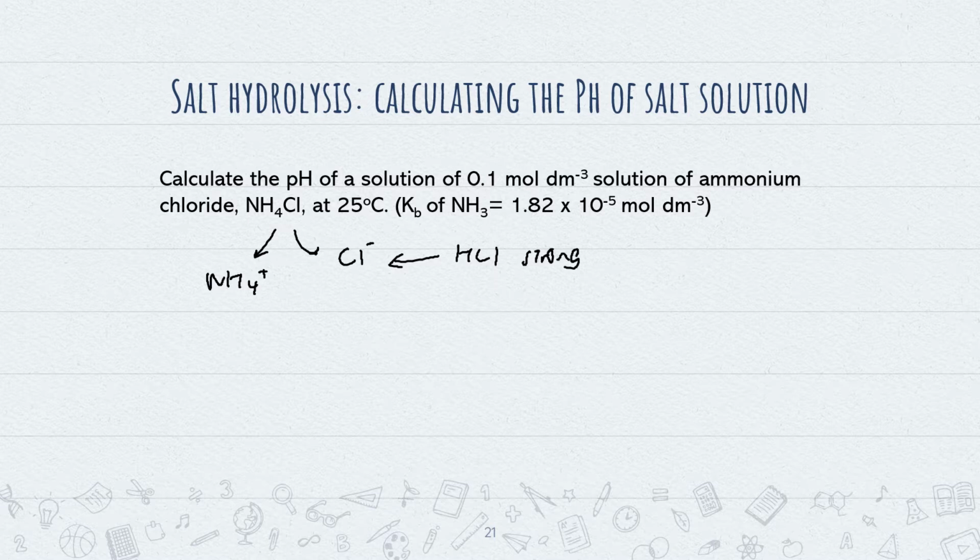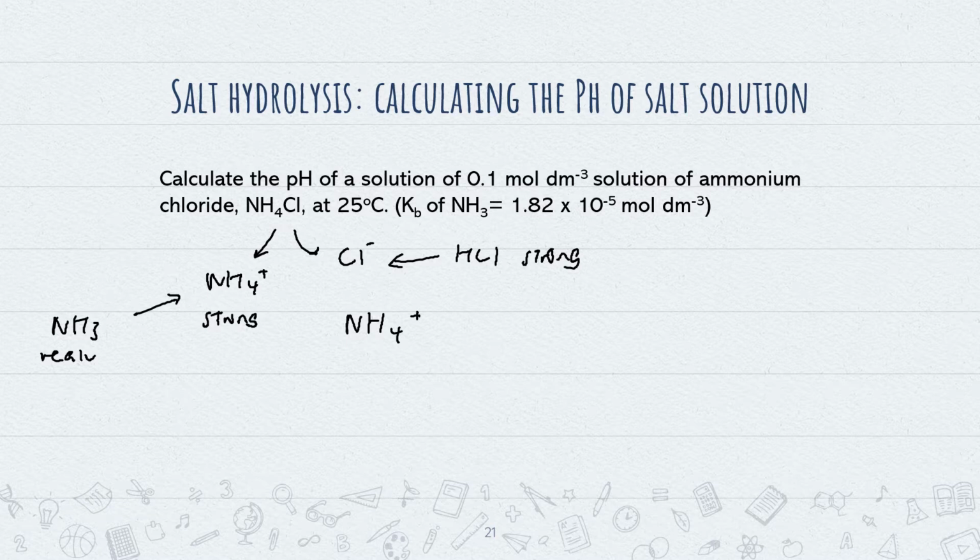So on the side of the anion, the pH will be 7, but your cation is NH4+, which is a conjugate acid of the weak base ammonia. Since ammonia is a weak base, this makes your NH4+ a strong conjugate acid. So let me write out the equilibrium reaction.